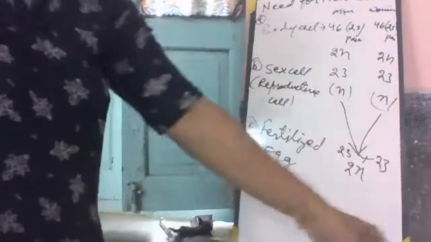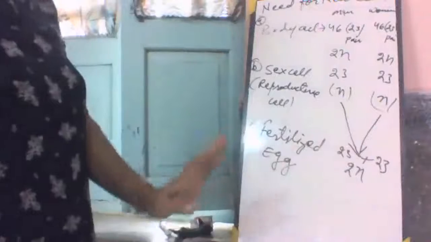This is all about the need for new cells. We need new cells for growth, for replacement, for repair from any injury, and for reproduction.